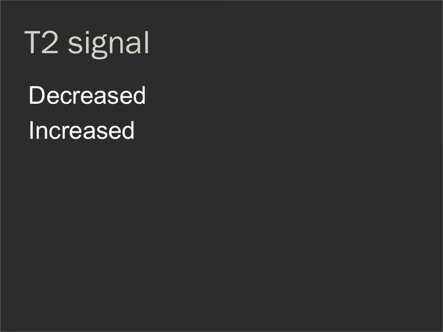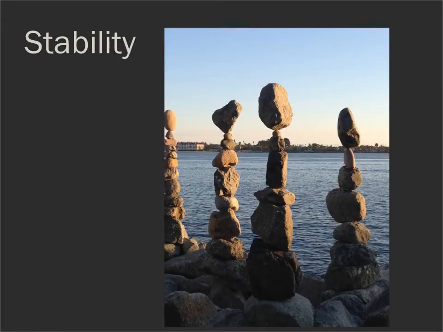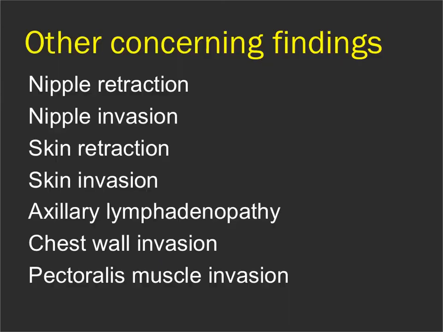If you see a lesion, you should identify whether the T2 signal in it is decreased or increased. If the patient has had prior breast MRs, you want to say whether it is stable or not from that time. And then finally, you want to mention if there are any other concerning findings.